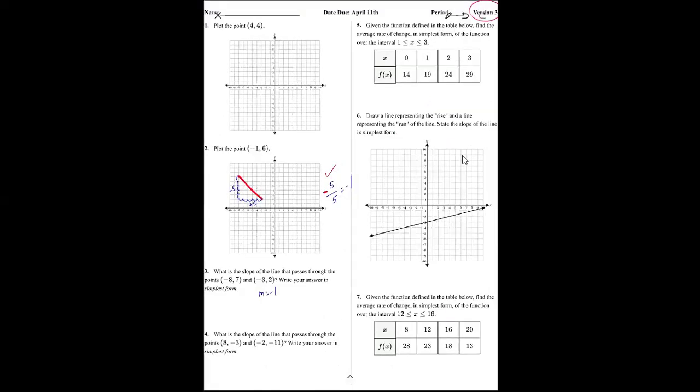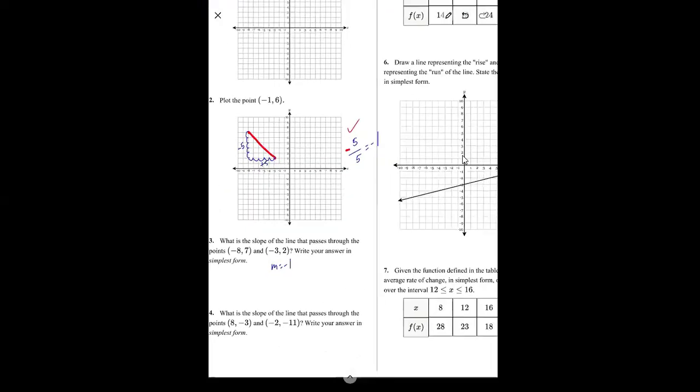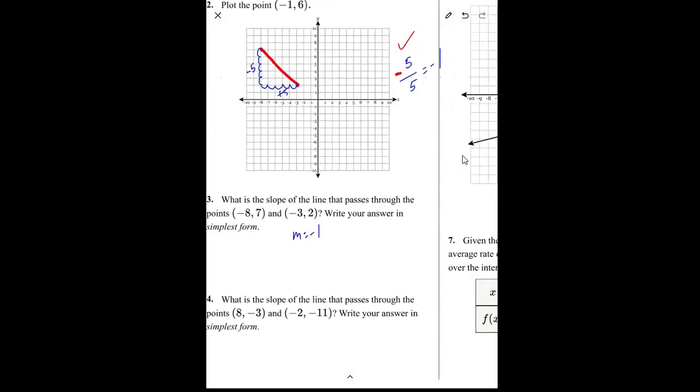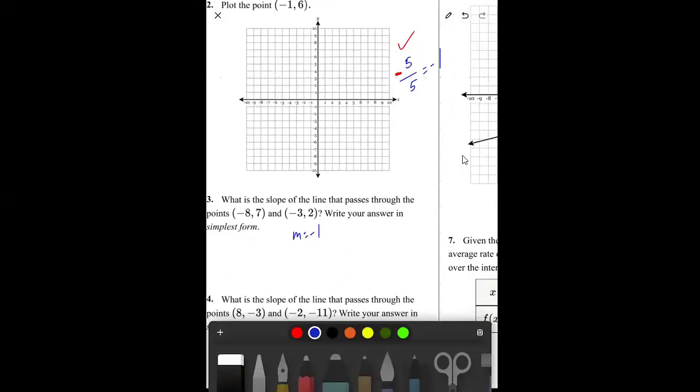Now I'm going to do this next one as well. I'm going to erase this and redo it. My first point has an x value of 8 and a y value of -3. So I go to the right 8 and then down 3.